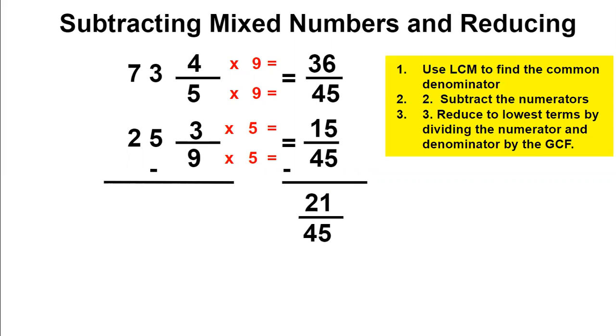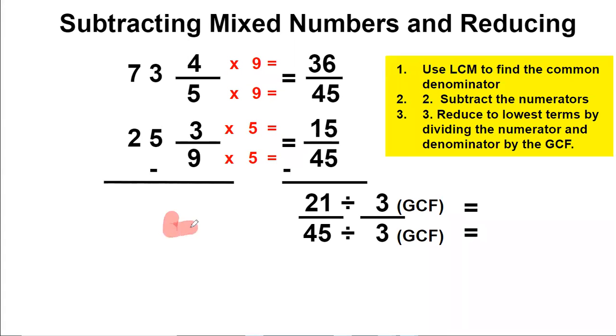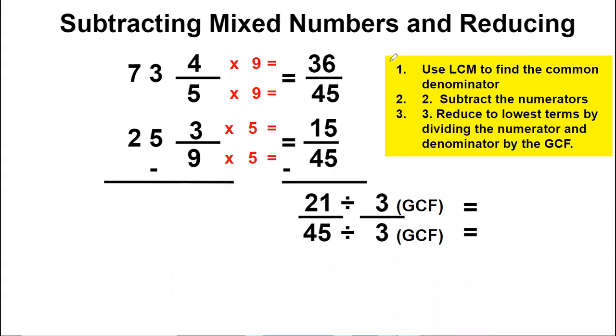Notice how we can reduce this. The greatest common factor of 21 and 45, I happen to know, is 3. No surprises there. 21 divided by 3 is 7. What about 45 divided by 3? Well, if I don't know it, I go like this.